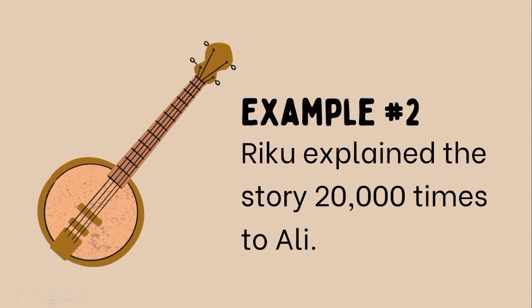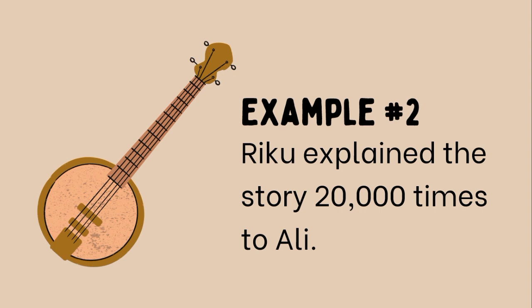Alright, so let's go with our example number 2. Let's read the sentence. Rika explained the story 20,000 times to Ali. What do you think is the definition of this sentence for example number 2? So the definition of this sentence is, because Ali didn't understand his first explanation, Rika reiterated her explanation.